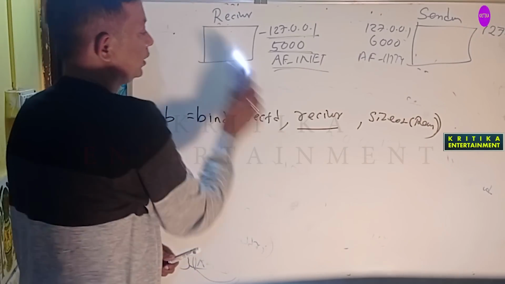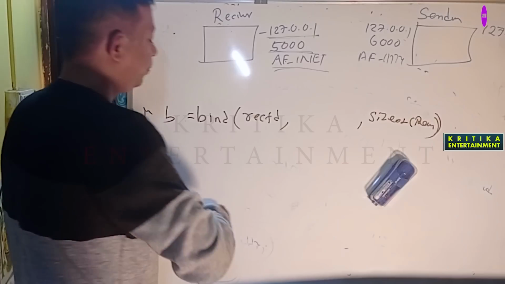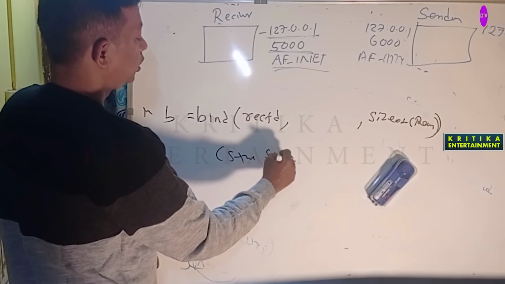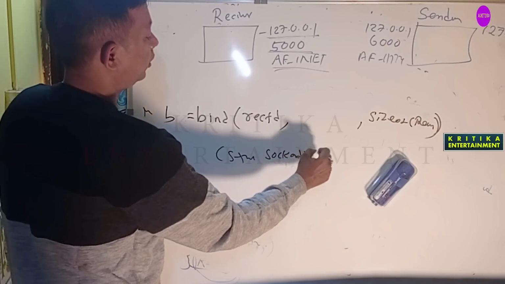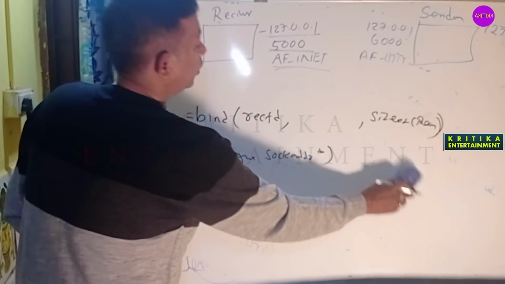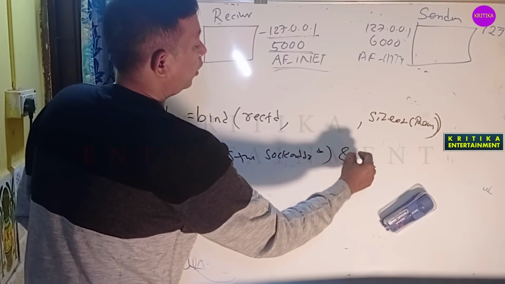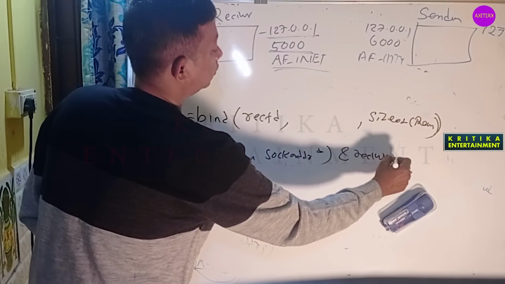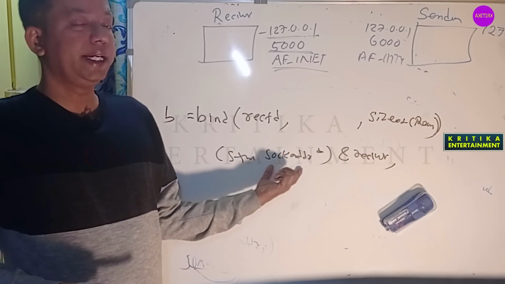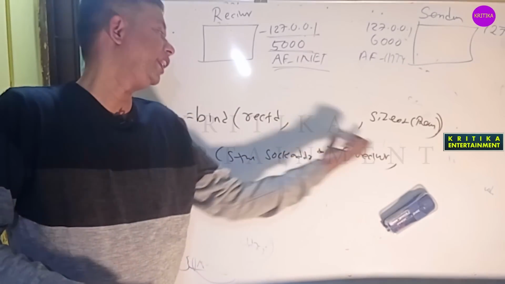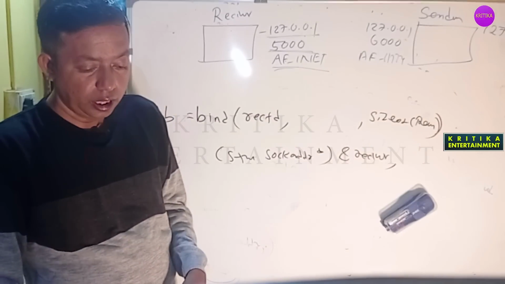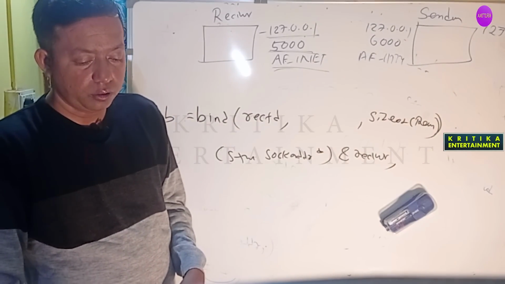Write struct sockaddr, a pointer type you have to cast, with ampersand receiver. I have told you it is a general structure; it can be cast to either IPv4 or IPv6, automatically.